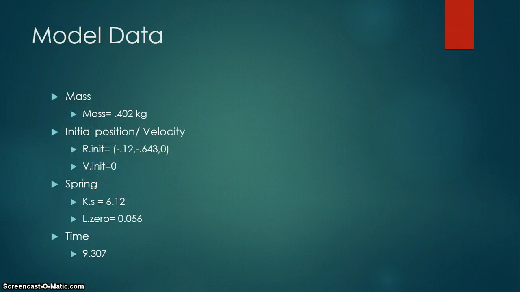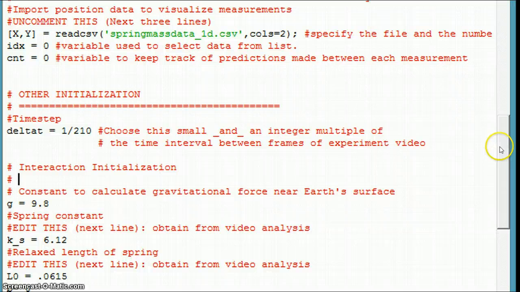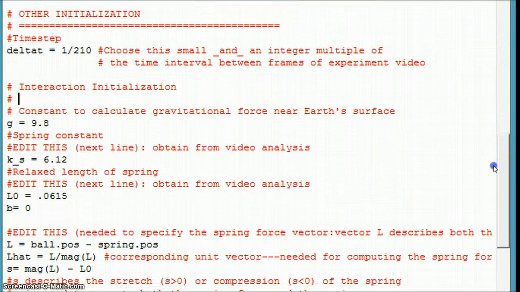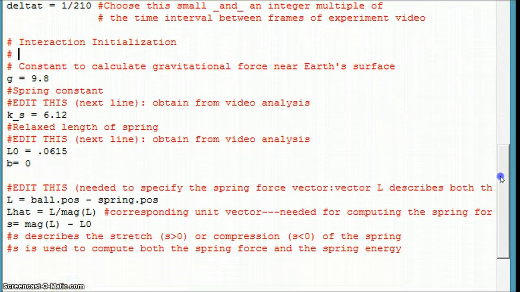The spring data, as in the constant 6.12, and the relaxed length of the spring is seen right here, which I had to use the formulas given to me by the video in order to find out. And the time in which the whole experiment spans out, given to me by the tracker, is seen here as 9.307 seconds.